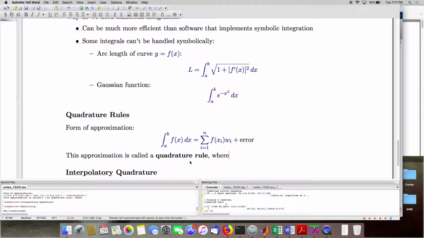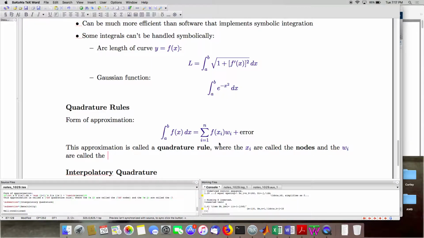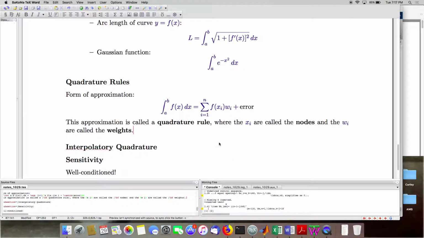And what determines a Quadrature Rule are these quantities. The xi are called the nodes, and the wi are called the weights. Once you have the nodes and the weights, that defines your Quadrature Rule.